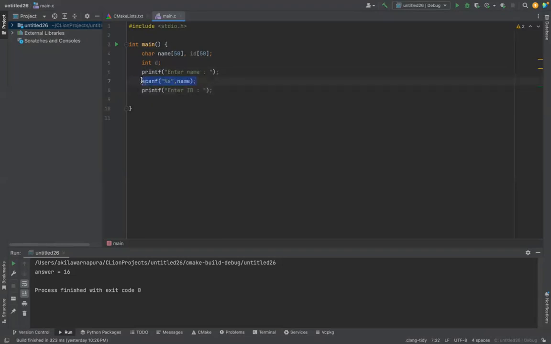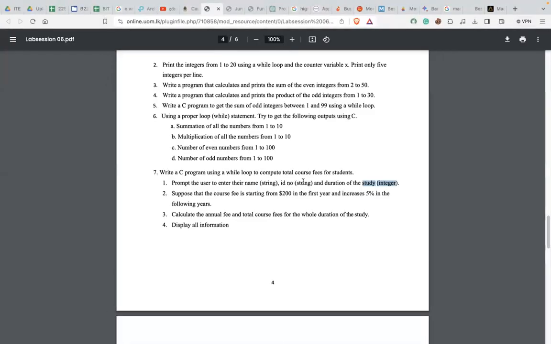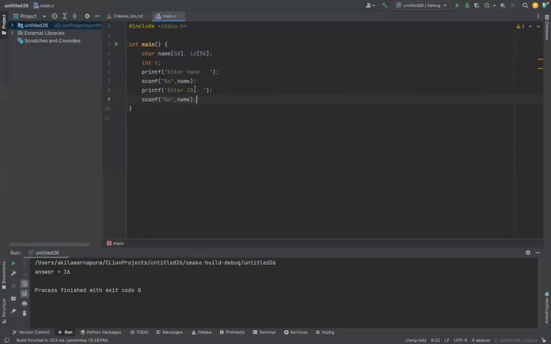Then you can use the scanf function here also. ID looks like your index number or NIC number. Therefore, we need a string type variable called ID. So here I pass the variable ID.